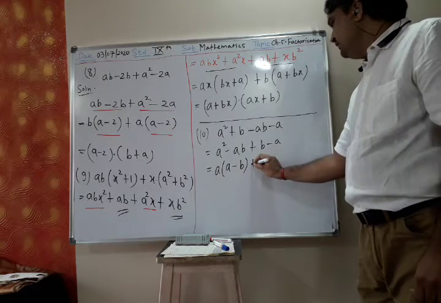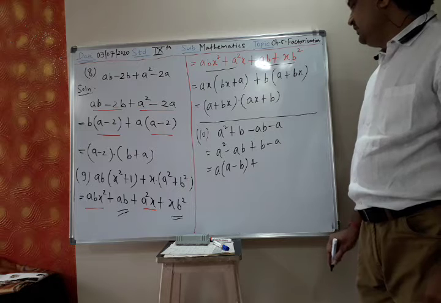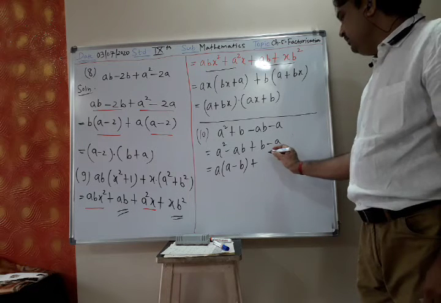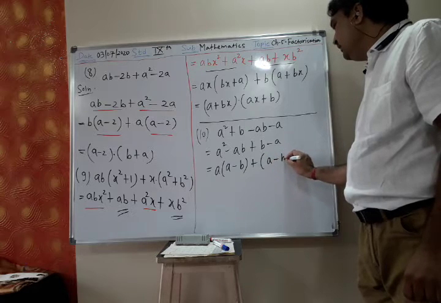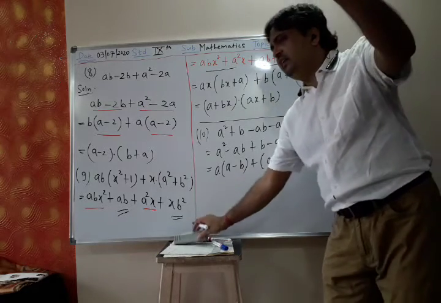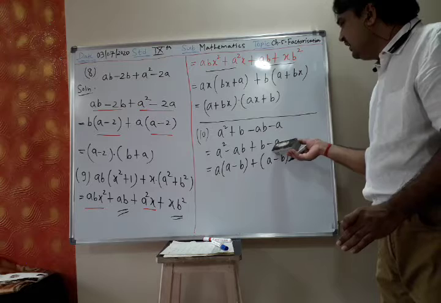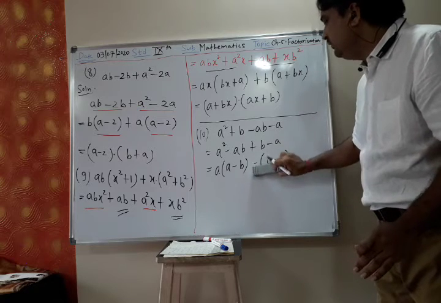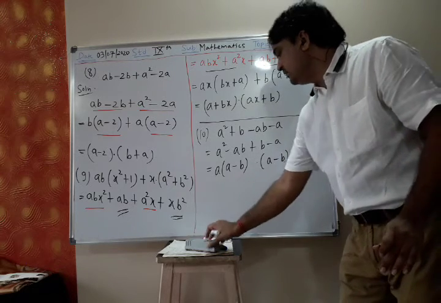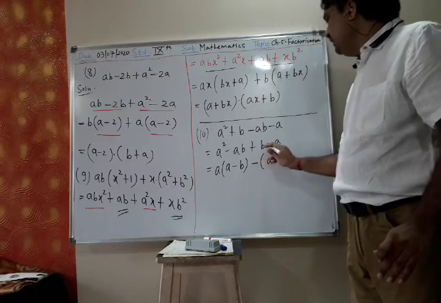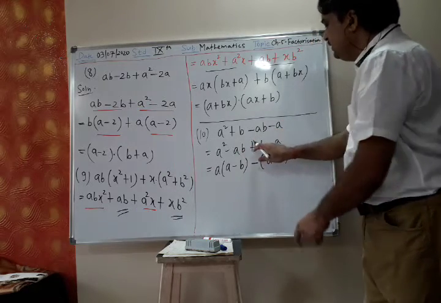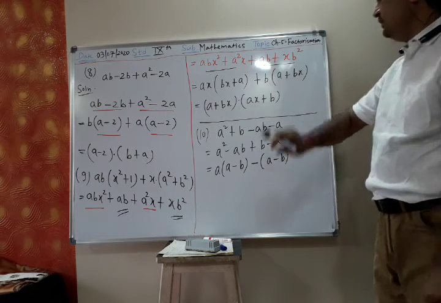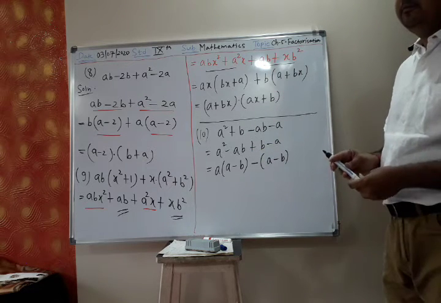Then plus, it is B minus A. B minus A, I can write A minus B. Remember this: when I am writing B minus A as A minus B, outside, instead of plus, I will write minus. Is it clear?